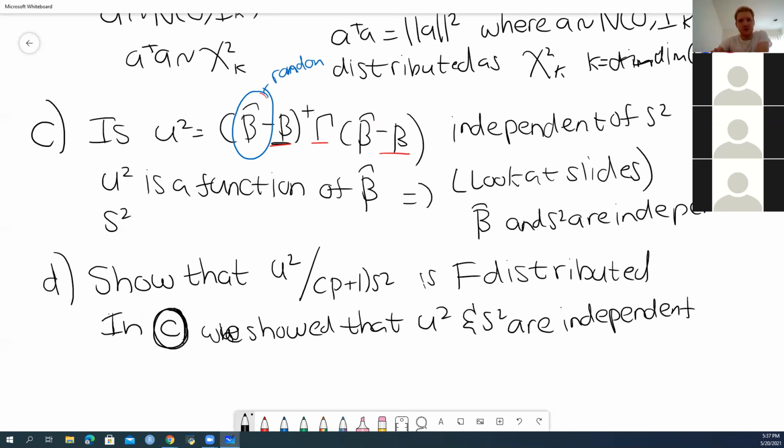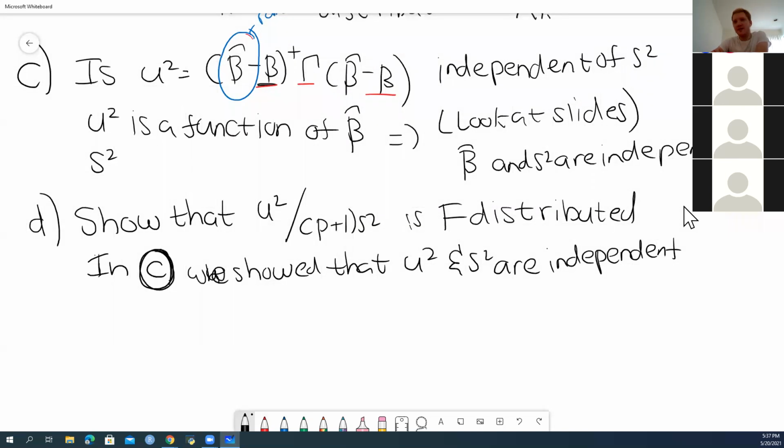What was the U squared we said? We never found the distribution of U squared. We found the distribution of U squared over sigma squared. That's fine. Remember, it has to be the ratio of two chi-squared distributions, so we show these are independent.